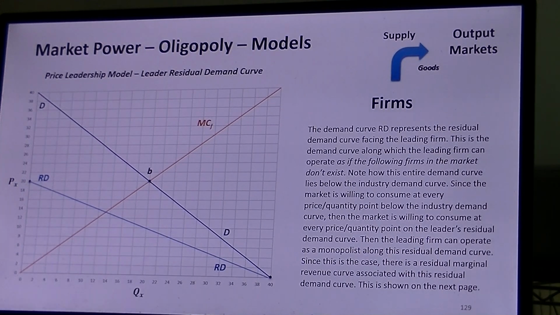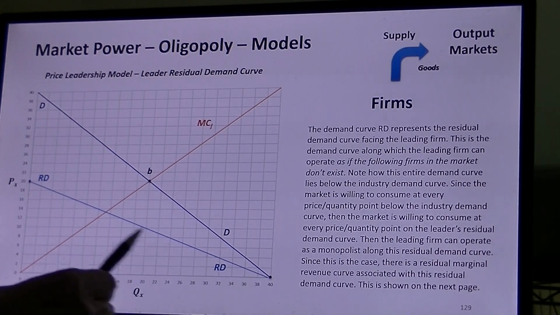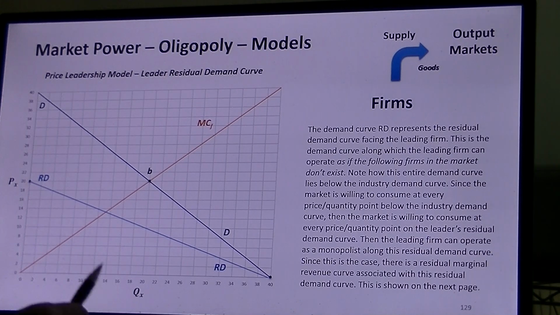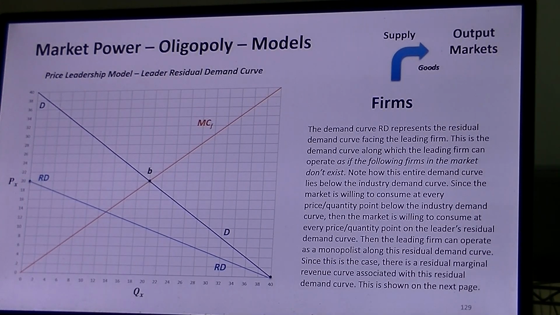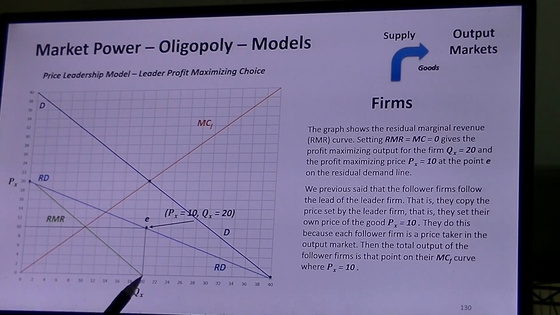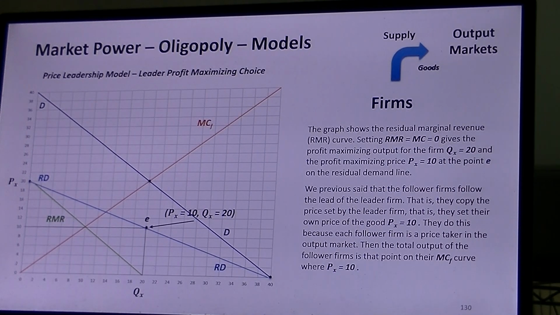And since they can, there's a residual marginal revenue curve associated with this residual demand curve. There's the residual marginal revenue curve right there.